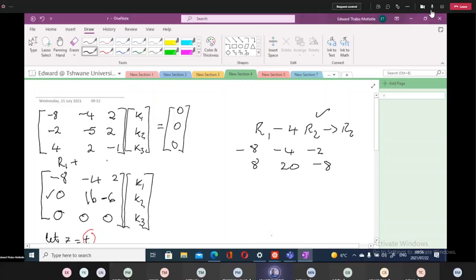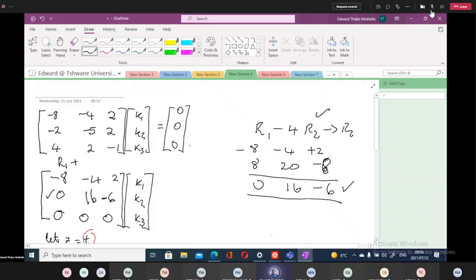Let's check again. It's my mistake. It's supposed to be -6, yeah? From row 1 it is 2, so this will be -6 here. Okay, thanks. Now adding this, I end up with 0, 16. Oh, this is positive, and this one is -8. Thank you. So we end up with -6. Now I see what you explained. So this gives me -6 and 16. So that's how I got that.